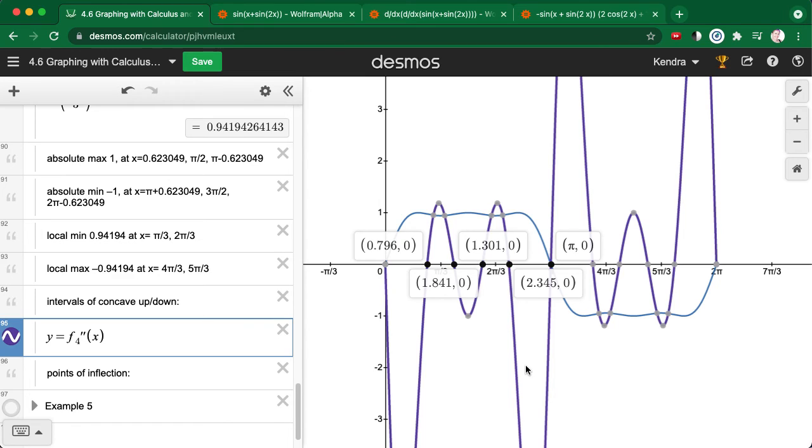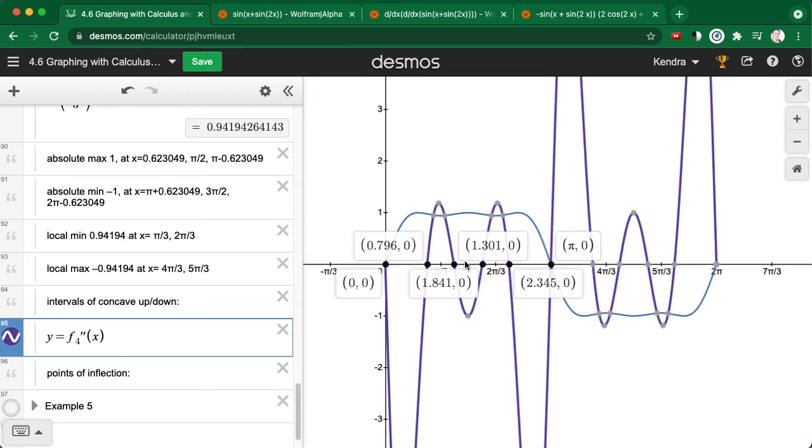Okay, so we can see the second derivative is negative for x between 0 and 0.796, so that means the function is concave down. And then between x equals 0.796 and 1.301.